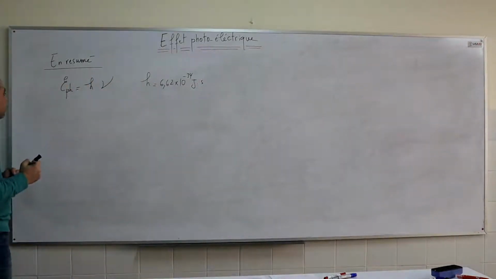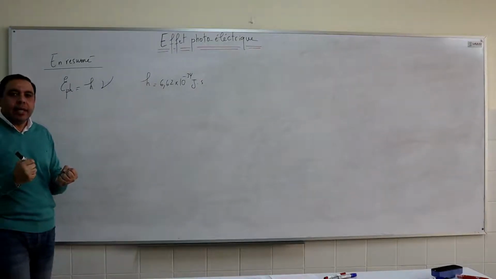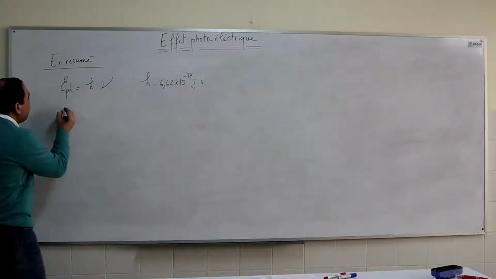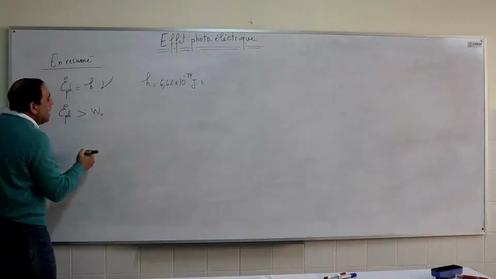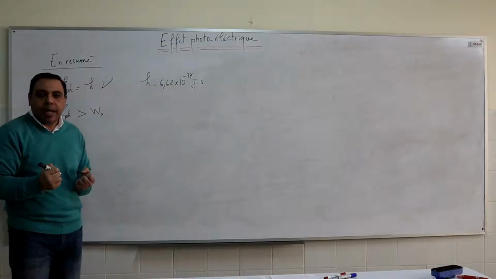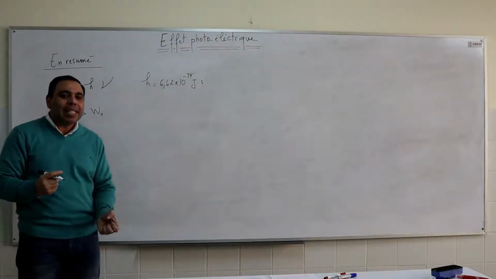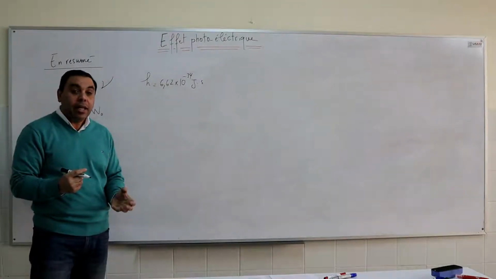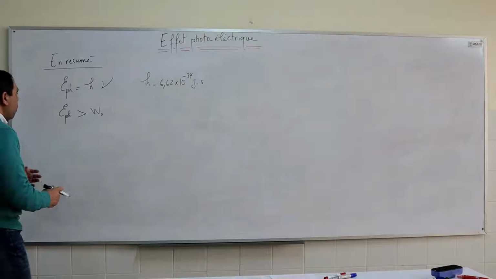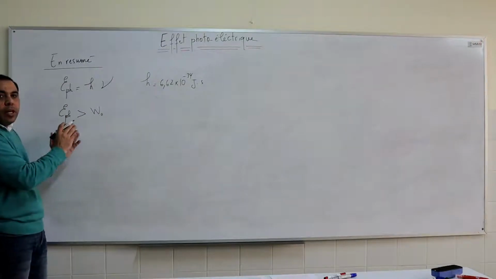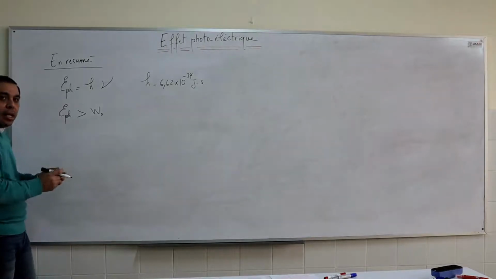To achieve the photoelectric effect by a certain metal, the energy of the photon has to be greater than the work function of the metal. The work function of the metal is the minimum energy capable of extracting electrons from the metal. It is a characteristic of the metal. When the energy of the photon is greater than W0, the photon gives all its energy to an electron.